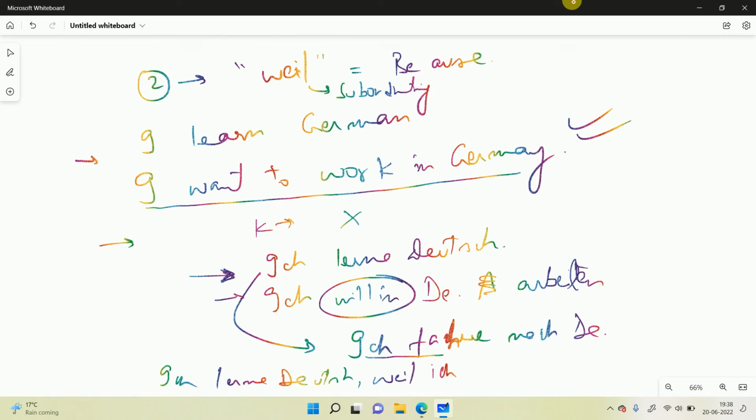I'm using only ich fahre nach Deutschland. Okay, ich fahre nach Deutschland. But because I have used weil, it will be, ich lerne Deutsch, weil ich nach Deutschland fahre. Right?